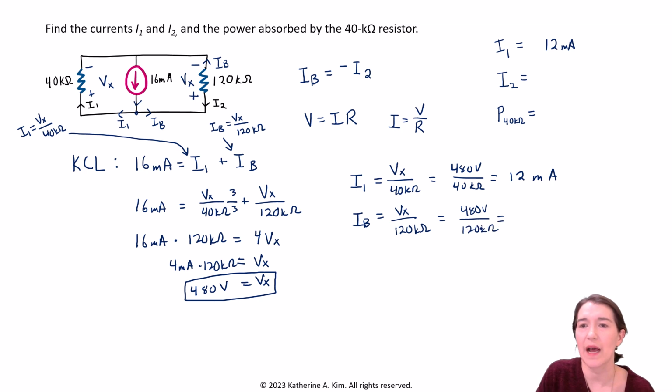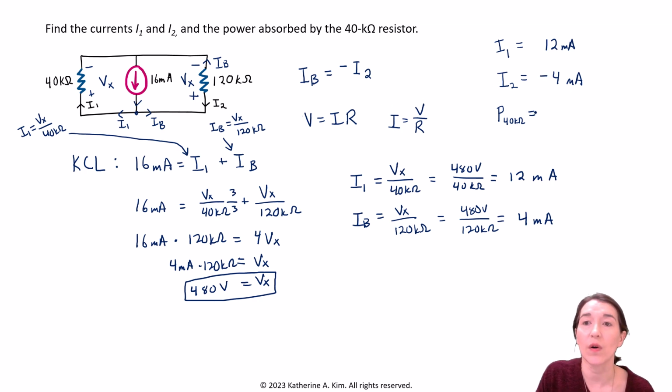When we divide that out, we are going to get 4 milliamps. So we know that IB is 4 milliamps, and that means that I2 is going to be the negative value of that. So it's going to be a negative 4 milliamps. When we write it back here, just make sure to put the right notation. So it's a negative 4 milliamps.